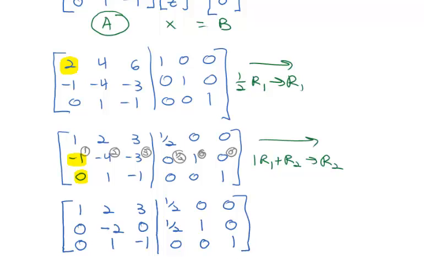Now that the first column is taken care of, we want to get a 1 in the center slot. Couple ways we can do that. We could do that by multiplying by the reciprocal, negative 1/2 times row 2 to get our new row 2. But I'm not going to do that because I see something that might be a little nicer.